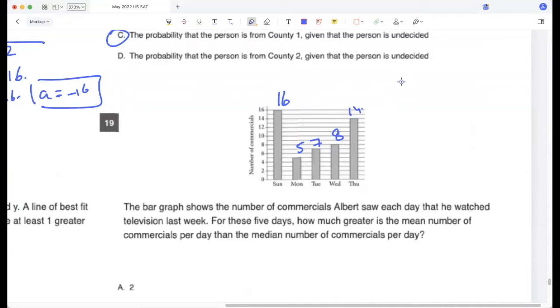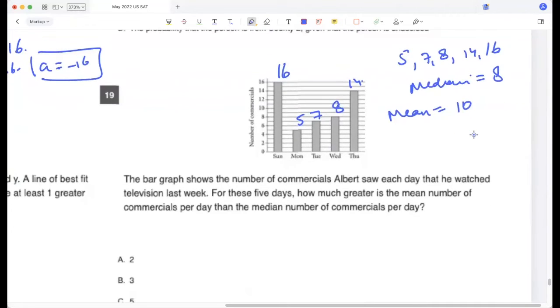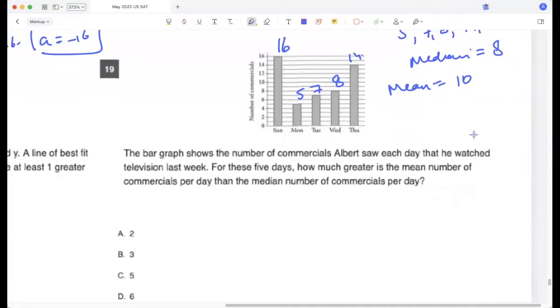So the median is 8, right? The middle value. And the mean would be 7 plus 5, 12, and 8, 20, and 30, 50, 50 by 5, 10. So the mean is 10. So how much greater is the mean? So it's greater by 2.